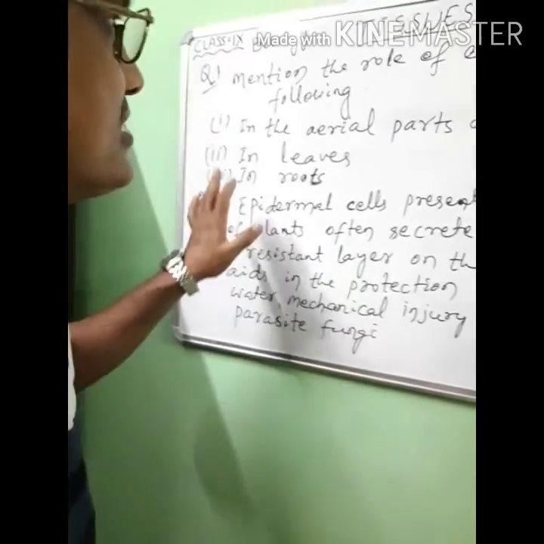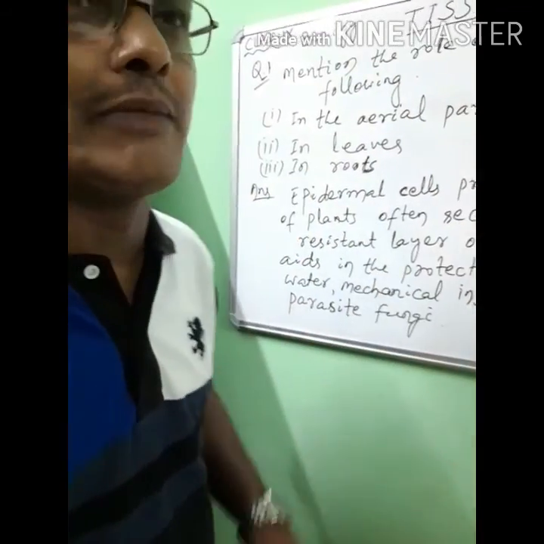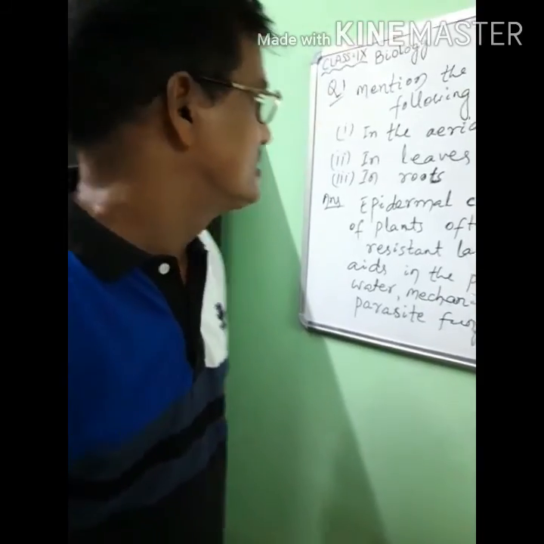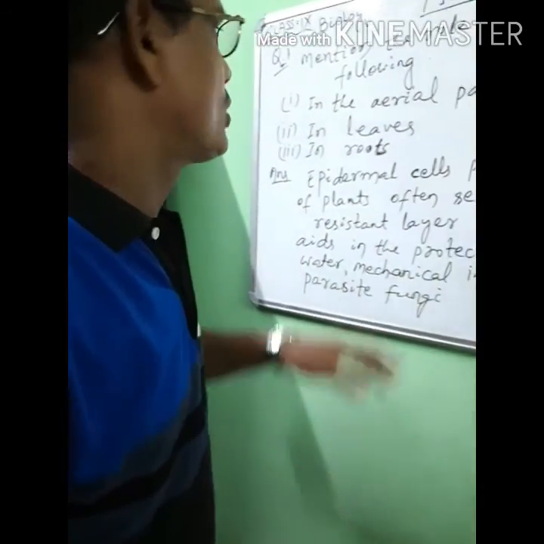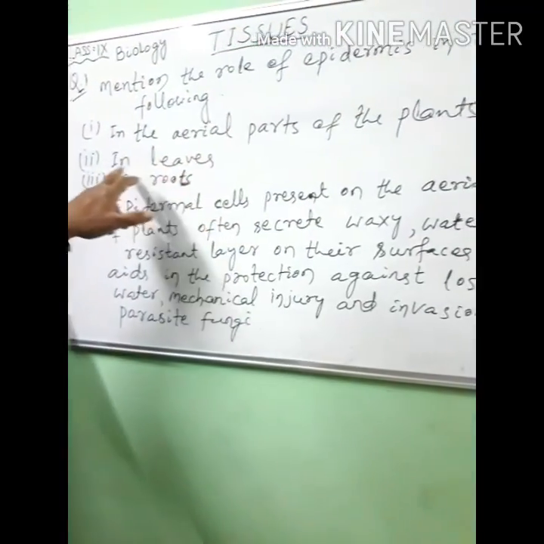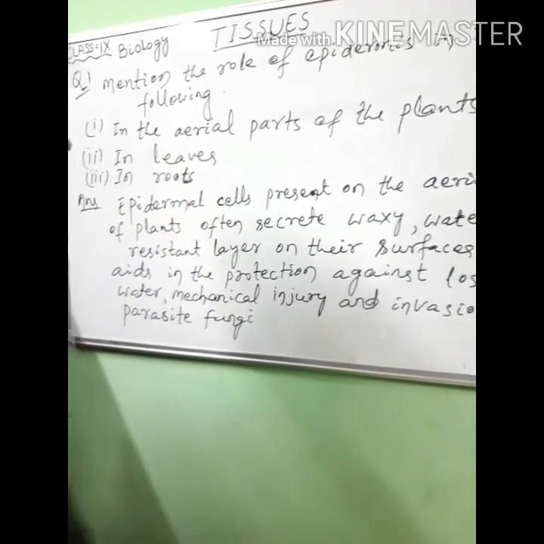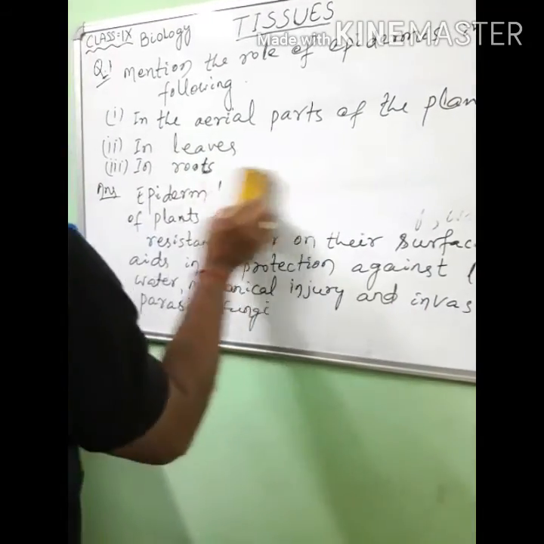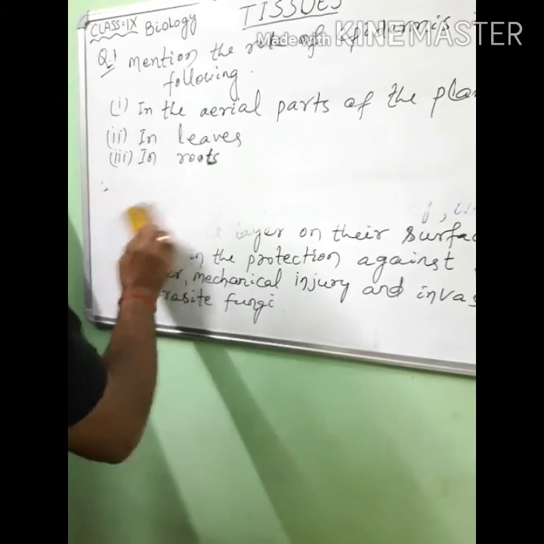This aids in the protection against loss of water, mechanical injury, and invasion by parasitic fungi. So this is the role of epidermis on the aerial parts of the plants. Second, the role of epidermis in leaves.